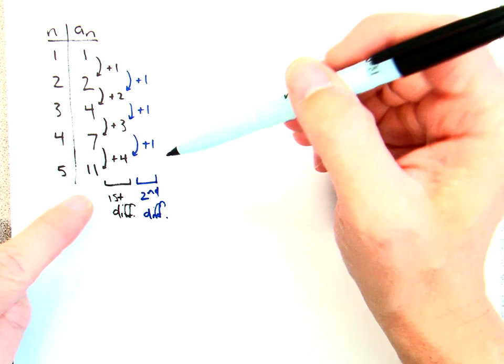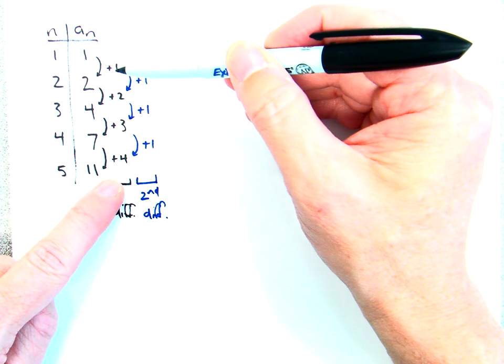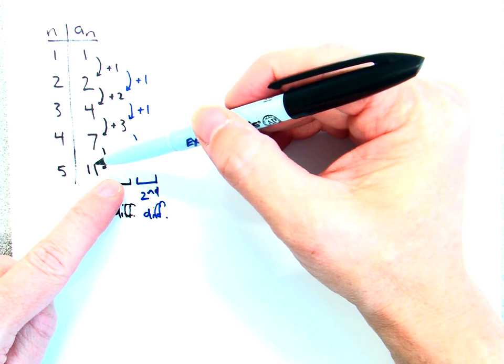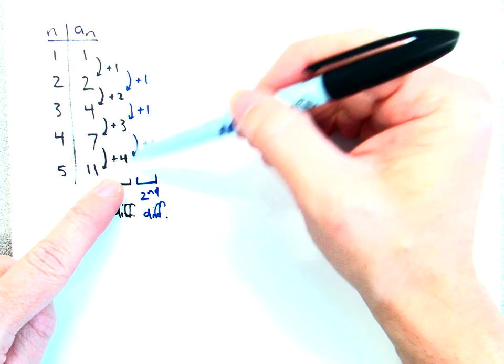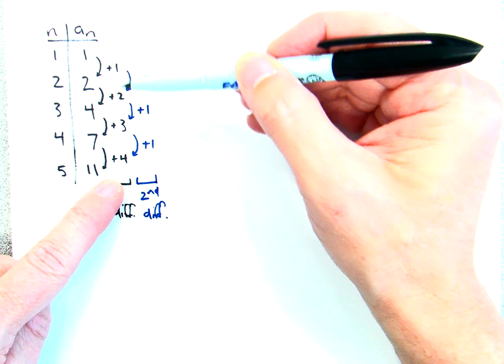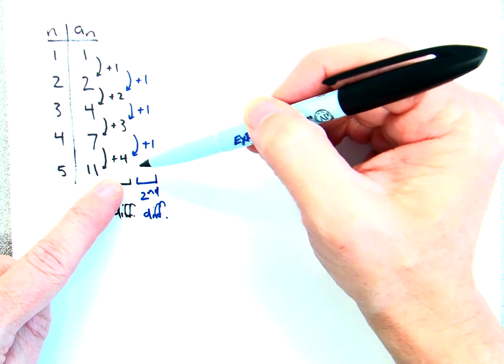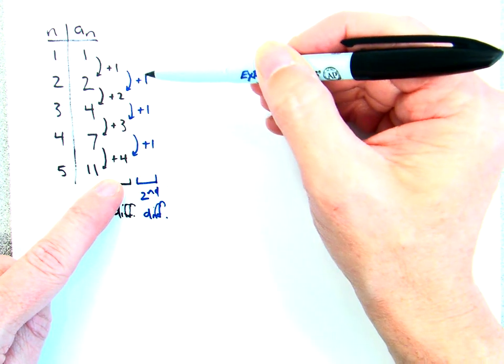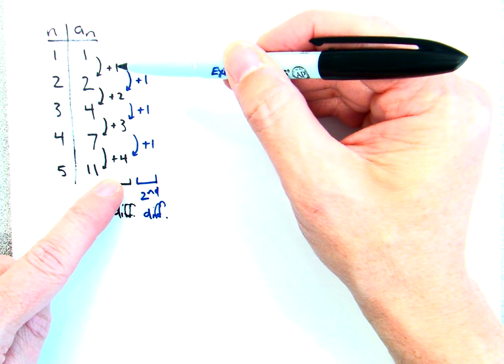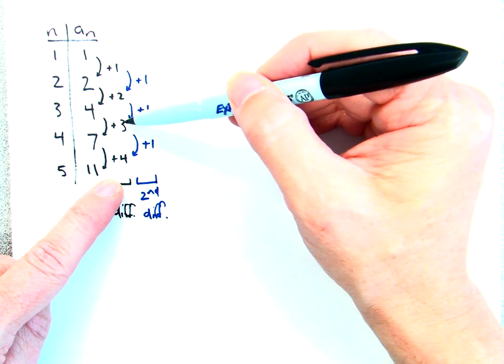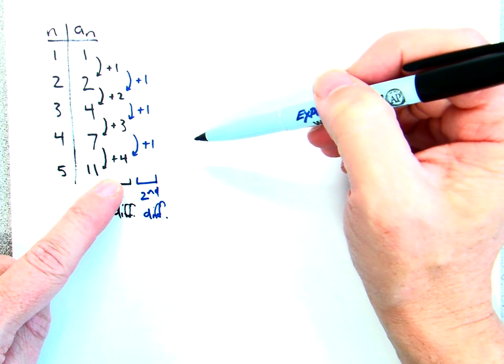So if we think about what's happening here, the number of blocks is changing, of course, but the rate at which it's changing is linear. It's growing. The growth is at a constant rate.